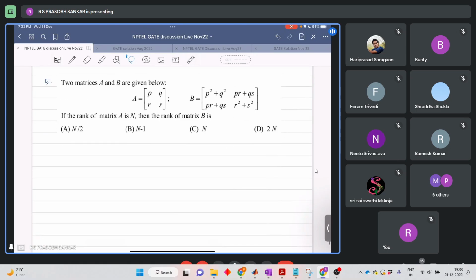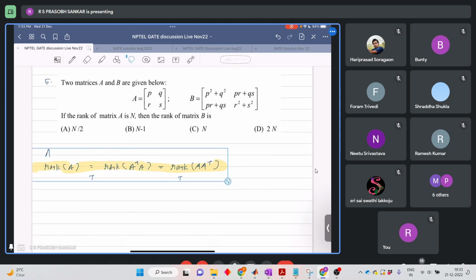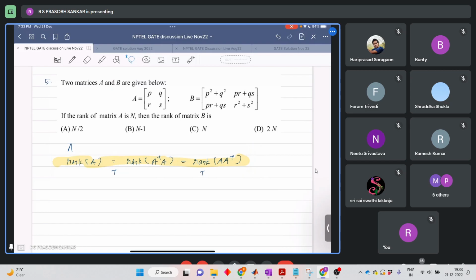This is a general result for any matrix: rank of A will be the same as rank of A transpose A, which will be the same as rank of A transpose. That is the question that we have here.